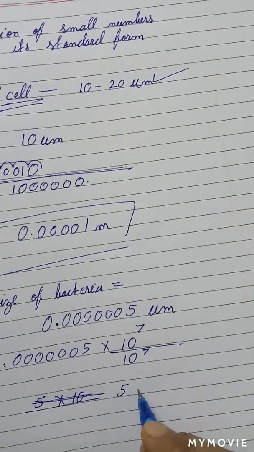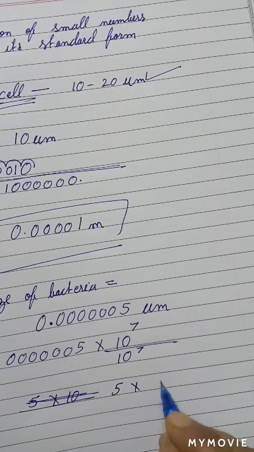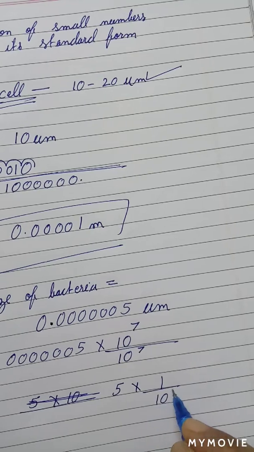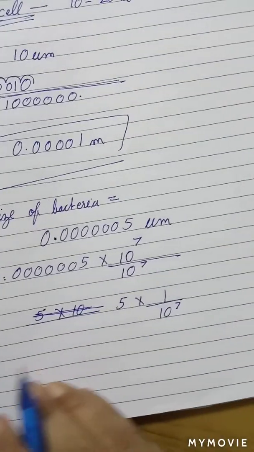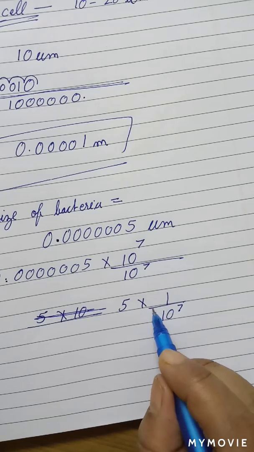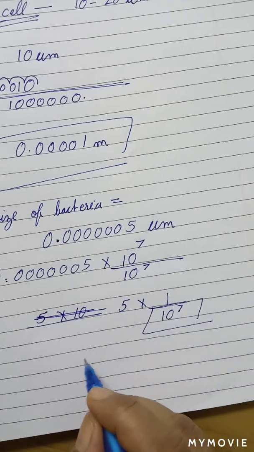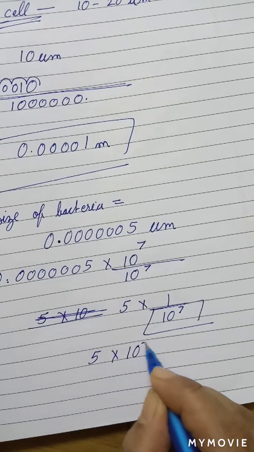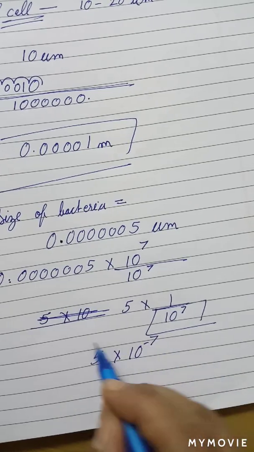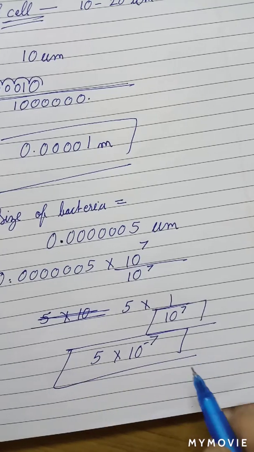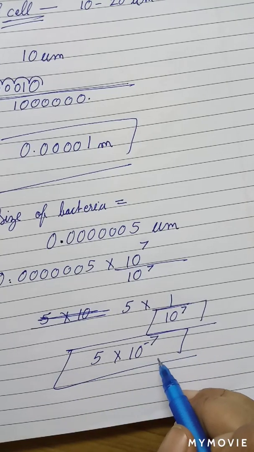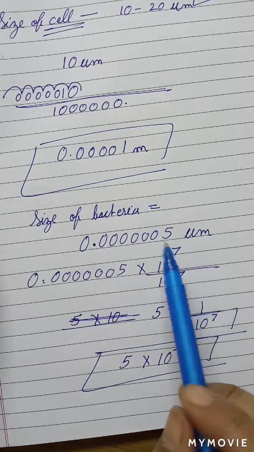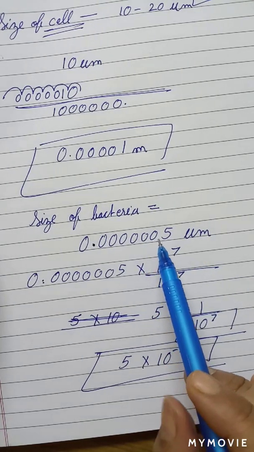So this will become 5 into 1 by 10 to the power 7. Now we know this denominator part 10 to the power 7 can be written like this. So this is the standard form of the size of this bacteria.